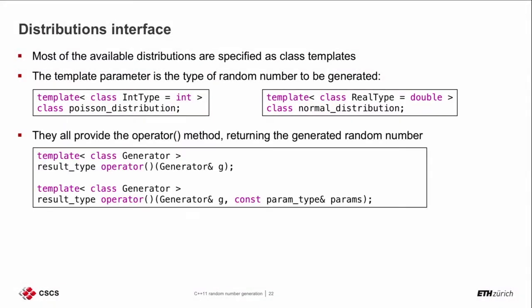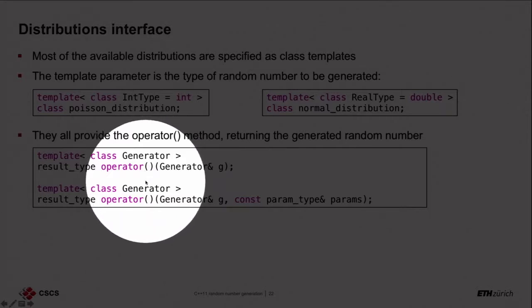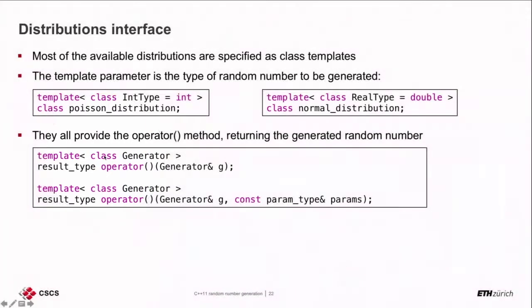All these distributions have the same interface concerning the generation of the random number sequence. All implement this operator parenthesis method that takes in input the generator and gives you back the random number generated for that particular step.